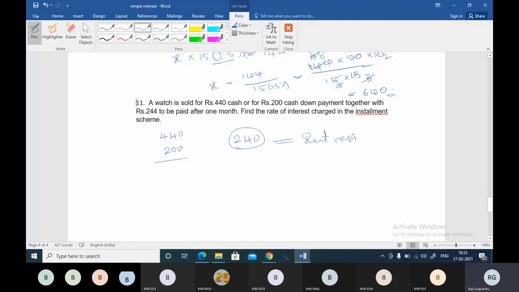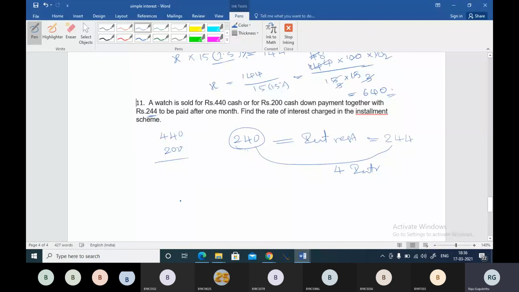You have to pay 240, but you paid 244, so you are paying 4 rupees as interest, to be paid after 1 month. Find the rate of interest charged in the installment scheme.